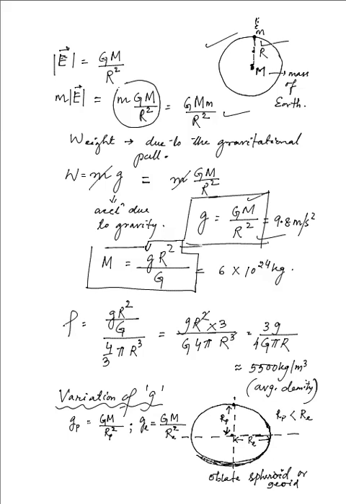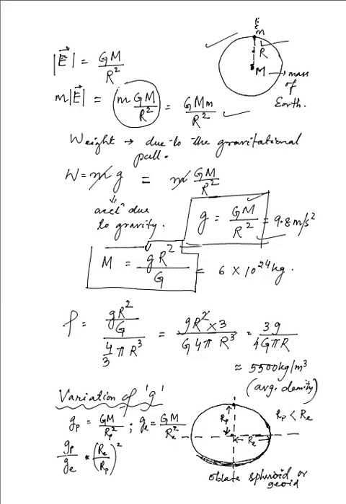Now take the ratio. What you can find is that g_p divided by g_e will end up with a ratio of (r_e by r_p) squared, because they are in the inverse form. So the other one goes up while the first one goes down.